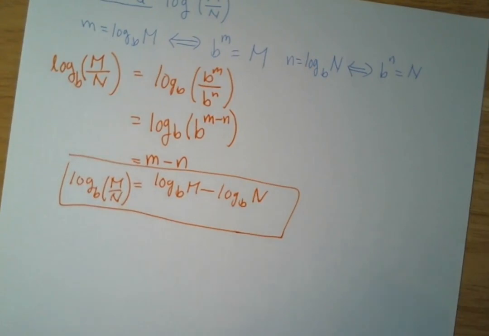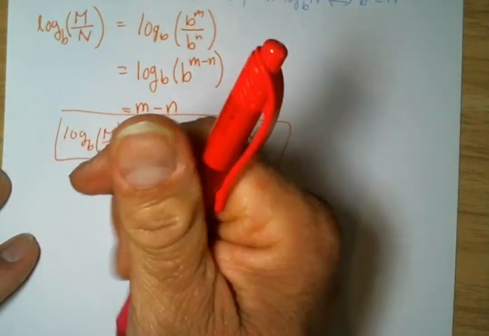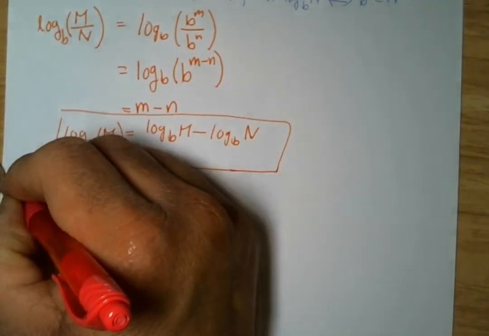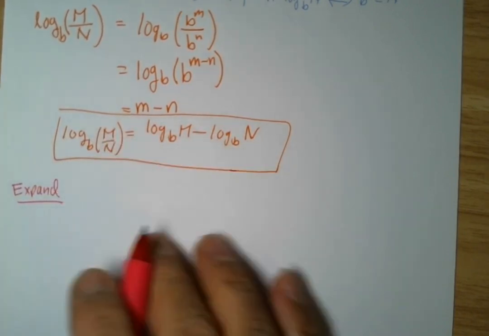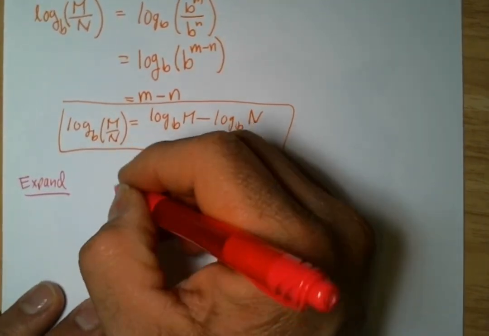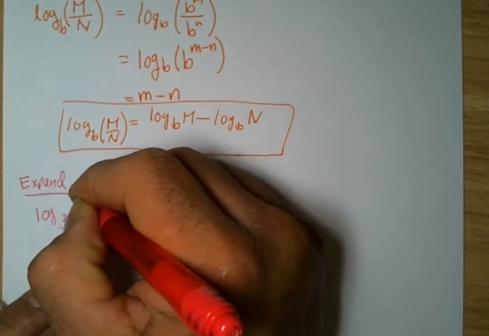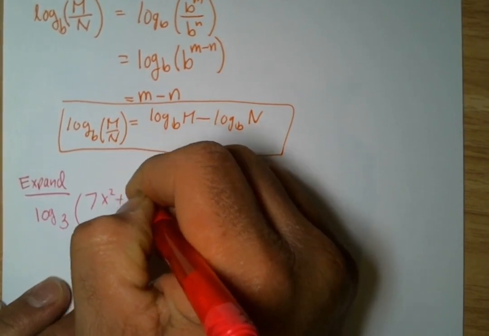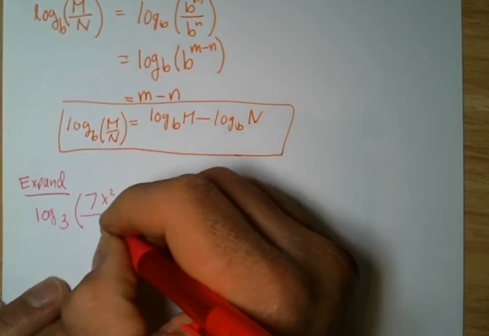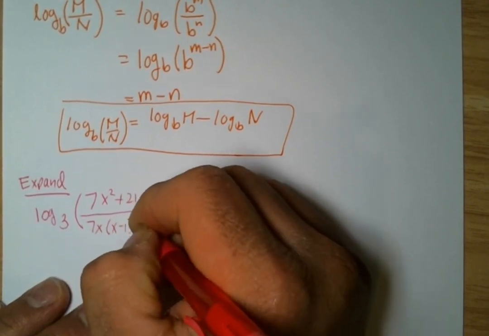Okay, all right, so now we can apply it to solve problems like here. Let's say expand log base 3 of 7x squared plus 21x, all over 7x times x minus 1 times x minus 2.